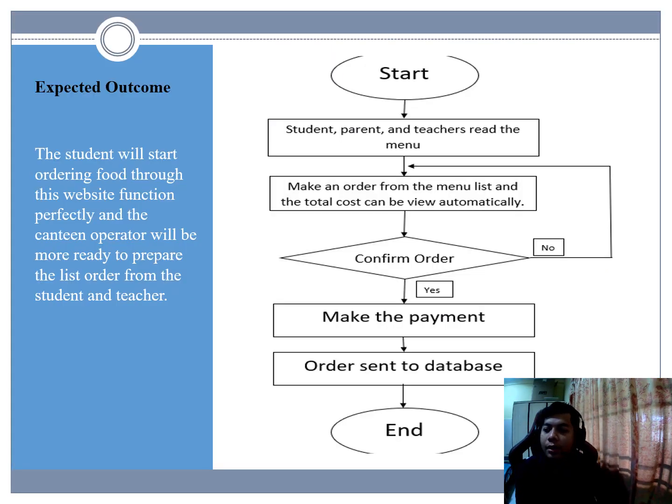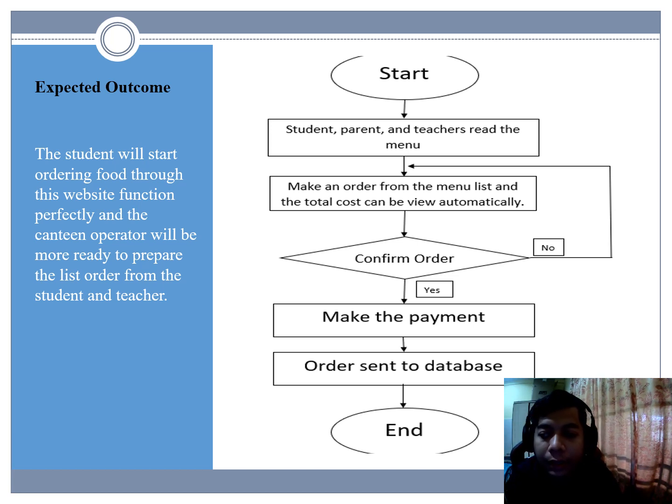Expected outcome. The students will start ordering food through this website, which will function perfectly, and the canteen operator will be more ready to prepare the order list from the students and teachers. As you can see here, the activity diagram. As we start the system, the student, parent, and teacher read the menu.